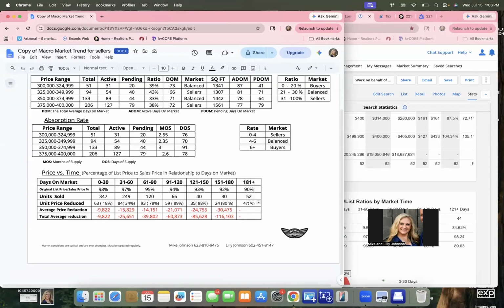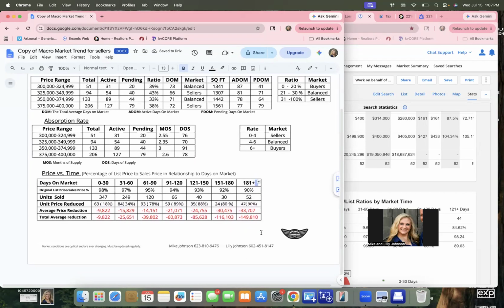It's actually 47 divided by 52, which puts me at 90%. And this one is 33,707 added to 116,103. 149,810.